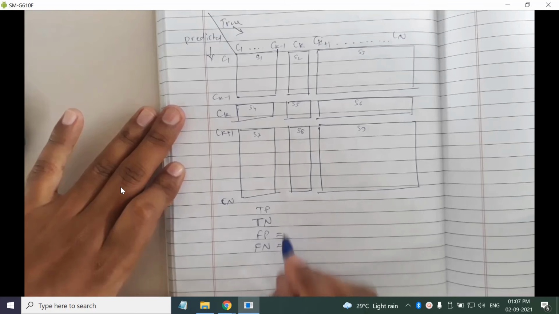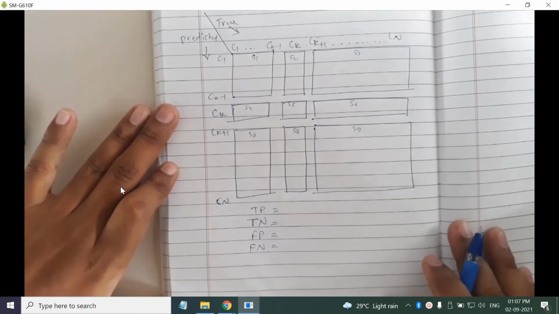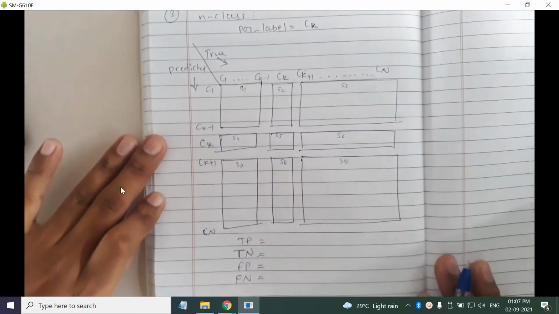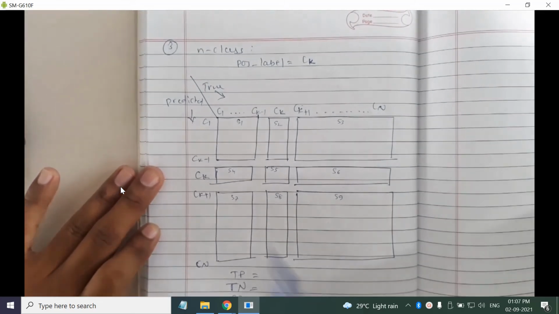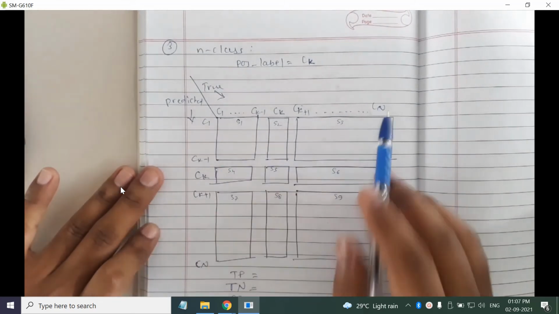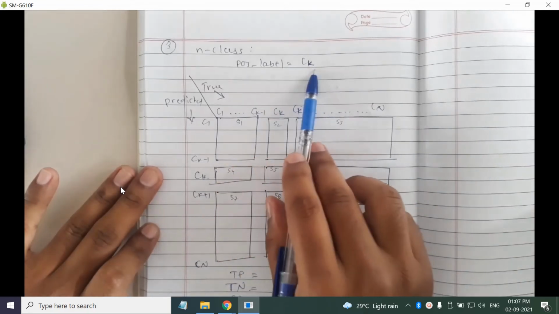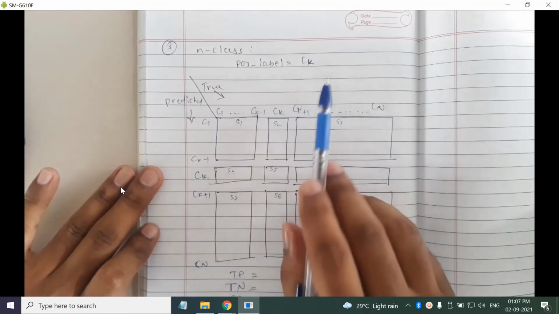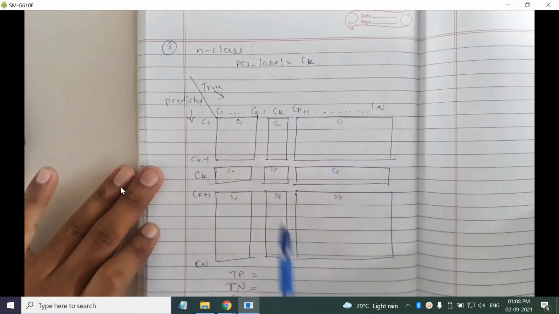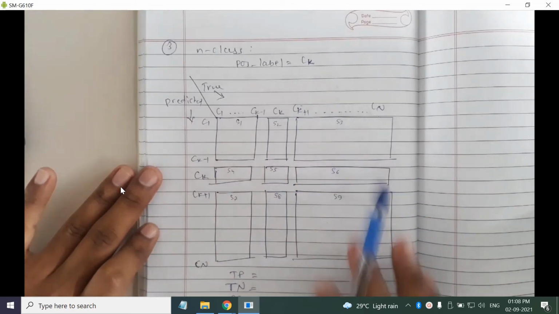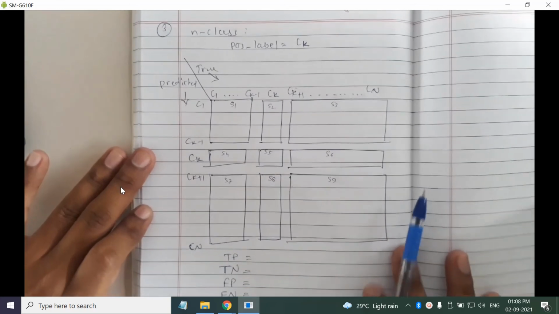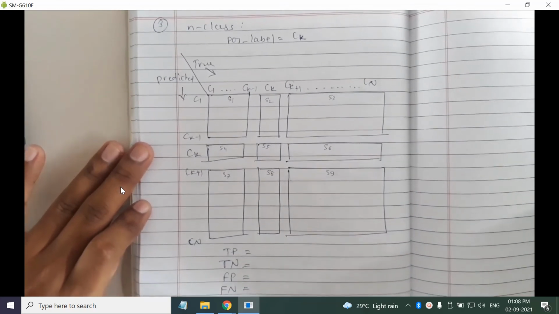The scenario is clear to you, right? We have n classes, represented by C1 to Cn. C1 to Cn are the classes. Our positive label is Ck, the kth class, and this is the scenario, right? Now you tell me the value of TP.